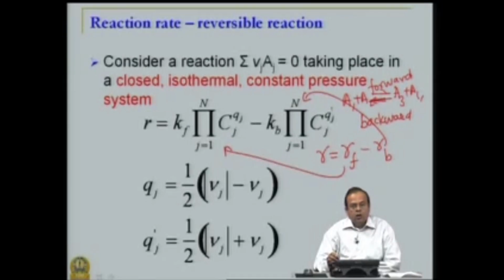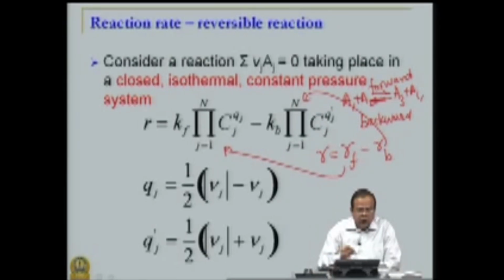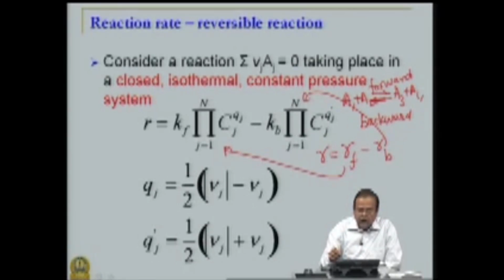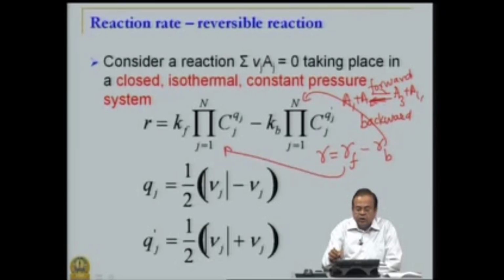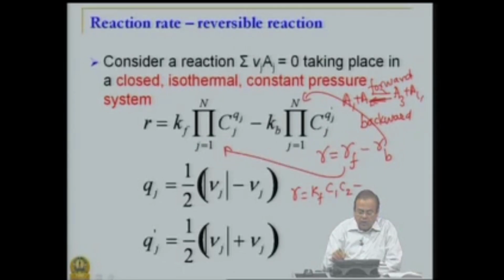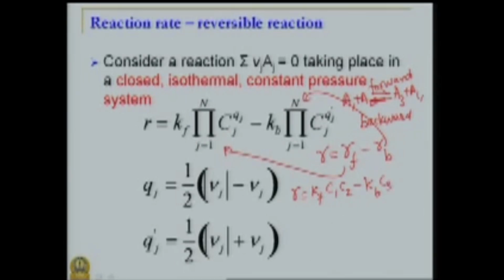Once again, law of mass action kinetics is a special case where Qj is half of mod nu j minus nu j, and Qj prime is half of mod nu j plus nu j. If you take the same reaction A1 plus A2 going to A3 plus A4, I can write for law of mass action kinetics Kf C1 C2 minus K backward C3 C4.